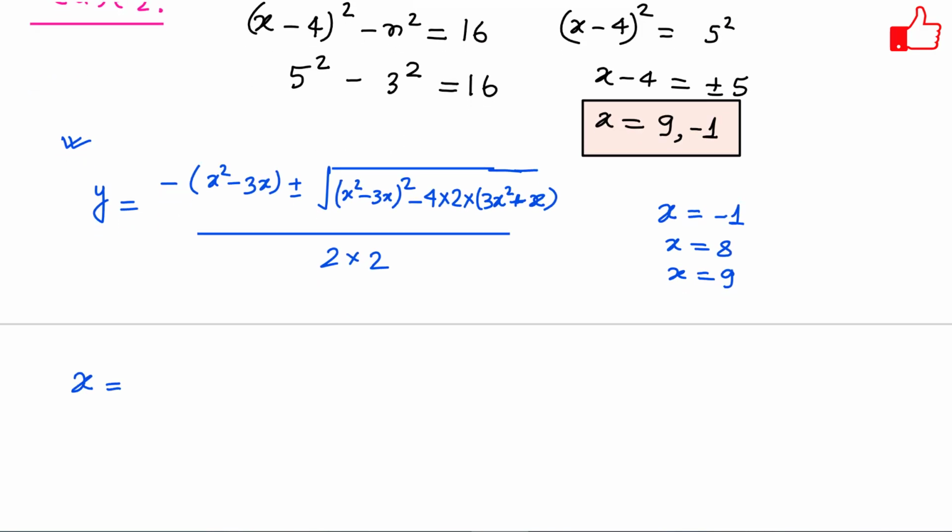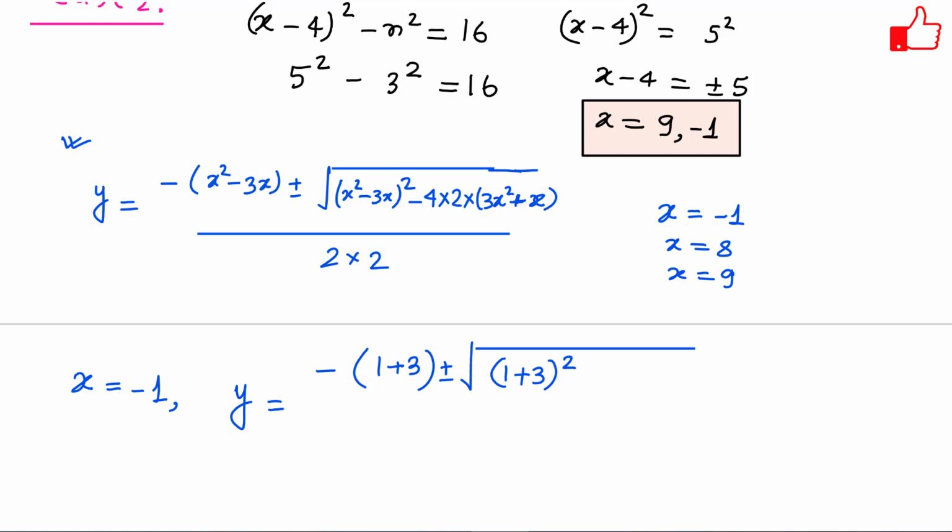So let us consider x is equal to minus 1. In this case y will be minus of (minus 1) whole square, that is 1, and minus of minus 1 times minus 3, that will be plus 3, and inside this root you will have (1 plus 3) whole square, and then minus 8 times 3x square is 3 minus 1, and this divided by 4.